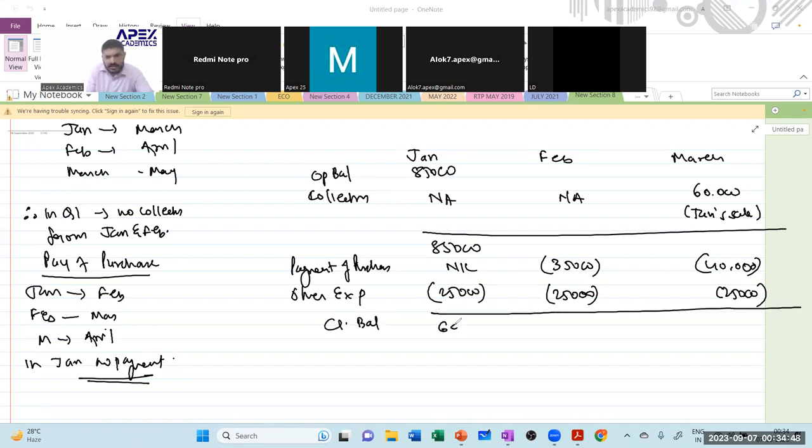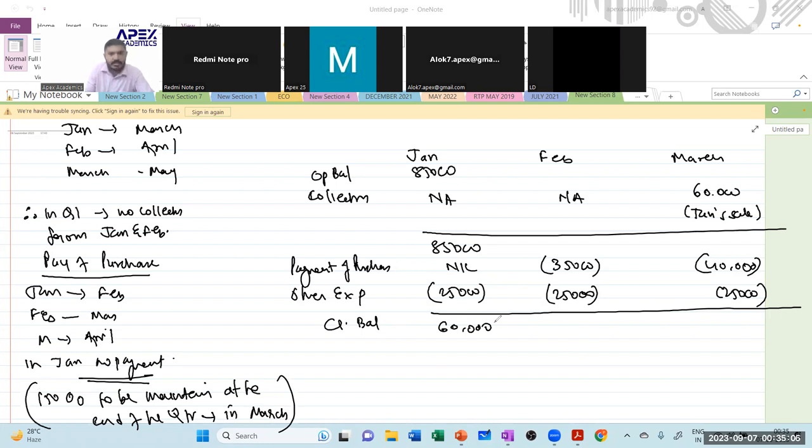Closing balance 60,000. Now it is said that 5,000 is to be maintained at the end of the quarter, meaning in March. So this will come over here.